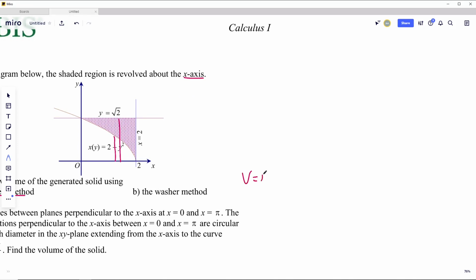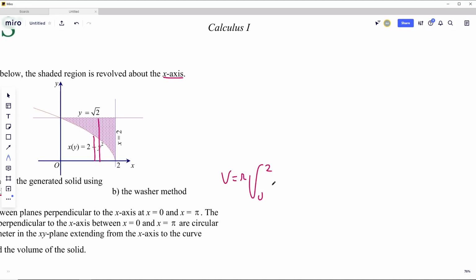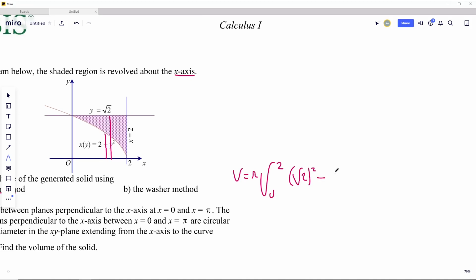So V equals pi integral from 0 to 2, and we're gonna have a difference of radii again, as we said. So up minus down. So up is square root of 2. Square root of 2 squared minus 0. So minus, and this one, oh, you have to change it.